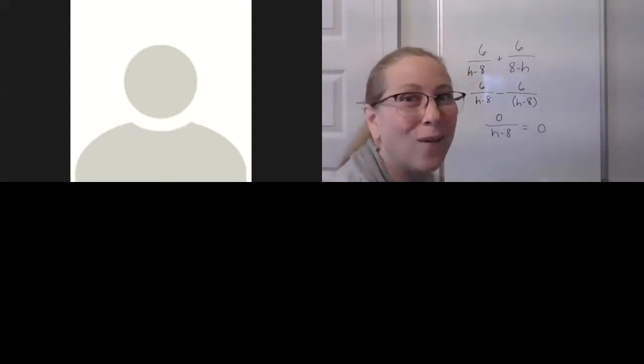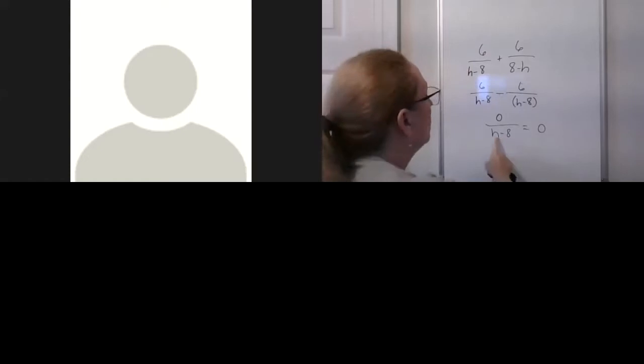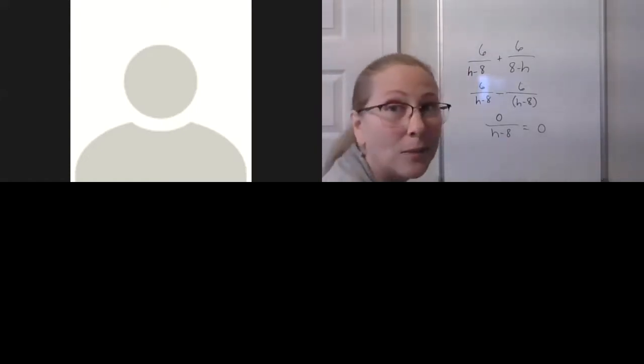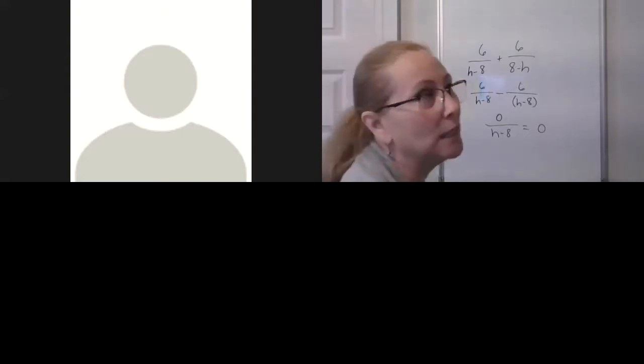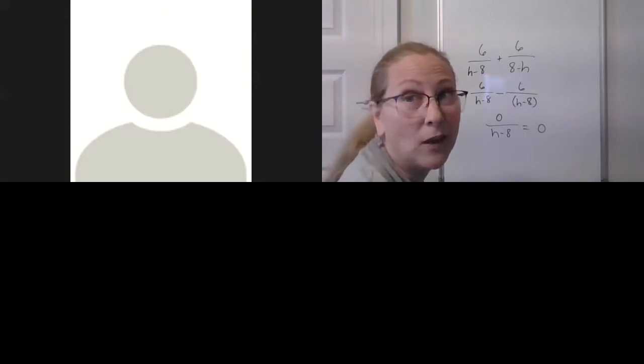So be careful. Don't choose no solution or no answer. There is one. Now, as far as being undefined, remember, h can't be 8 because that would make it undefined. And that's what happened in a couple of problems in section 8.5 when you're solving. You have to watch out for those undefined numbers.